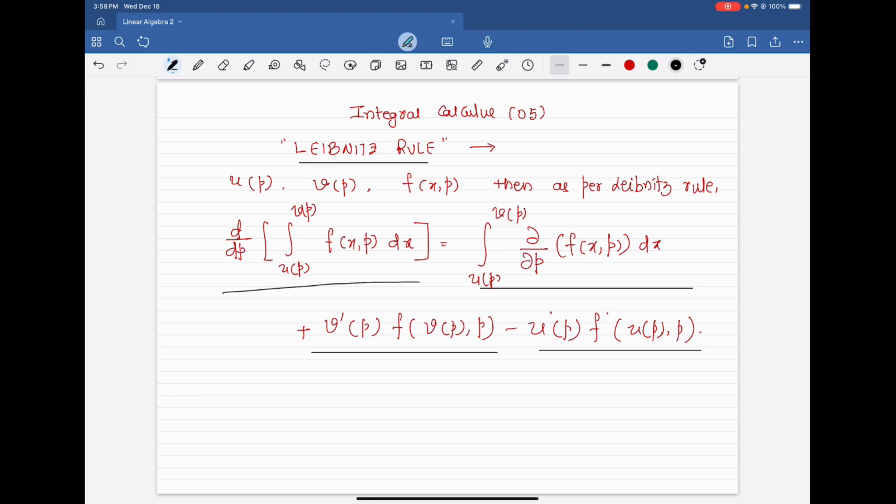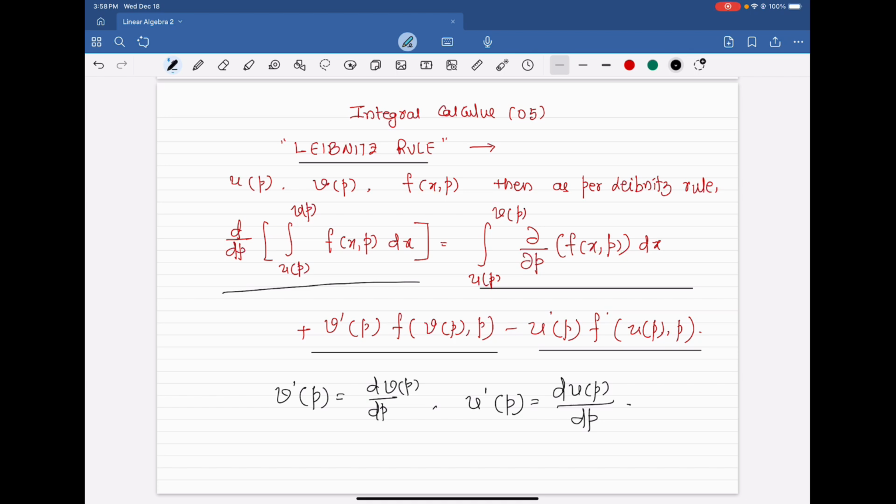And what is v dash? v'(p) is nothing but dv by dp of v(p). u'(p) is equal to du by dp. Usually we think that once v and u are given, u is a function of x and v is a function of y.